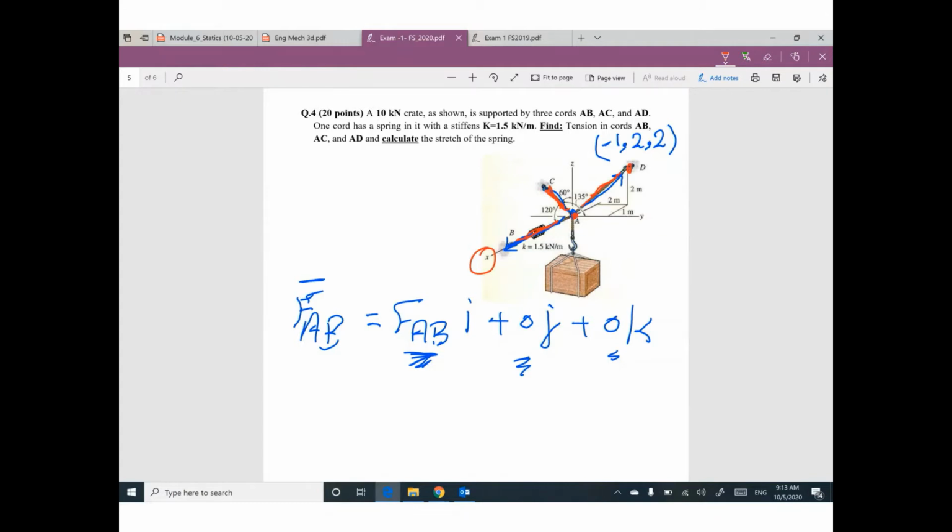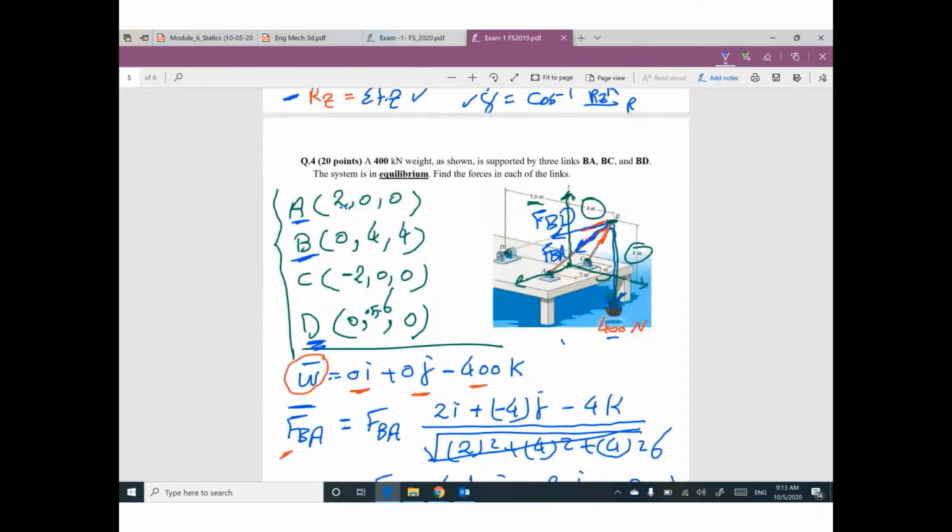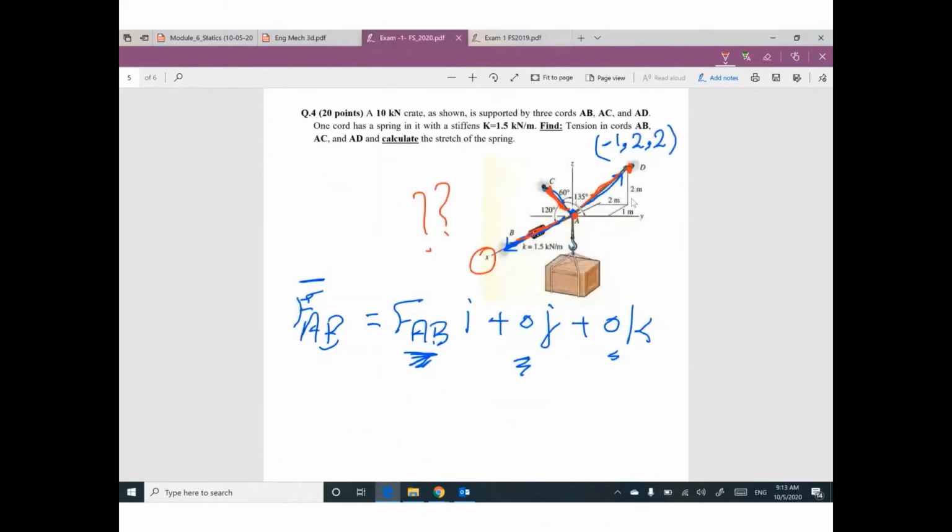This one is easier than this one. If you would like to go back to your modules, you will find this problem covered before. Forget about any spring. And during the exam, I told you, forget anything related to spring. Assume it is like a normal force.